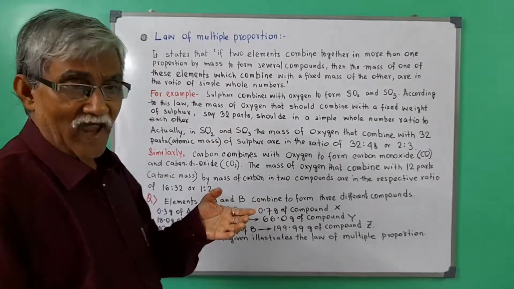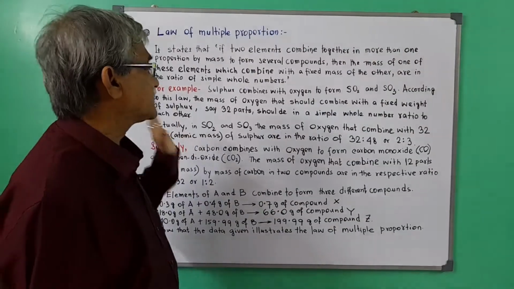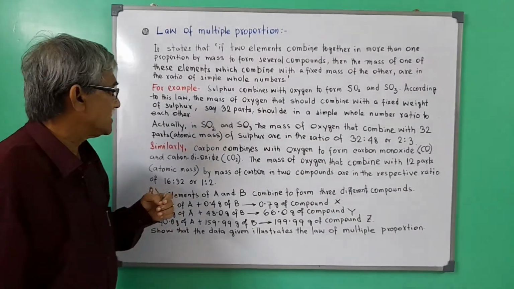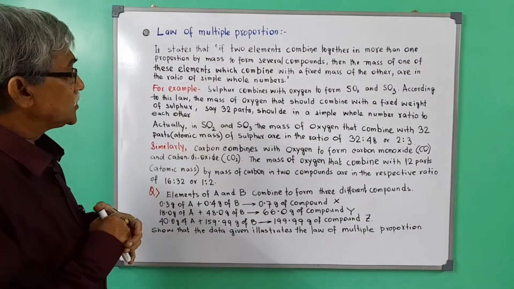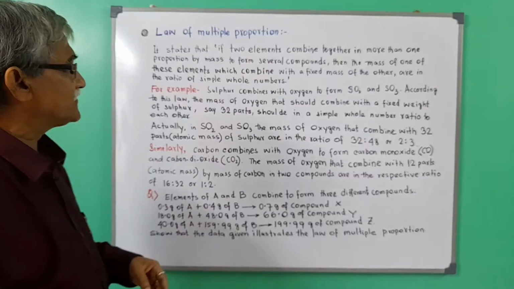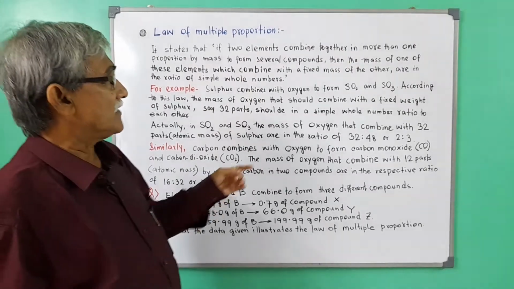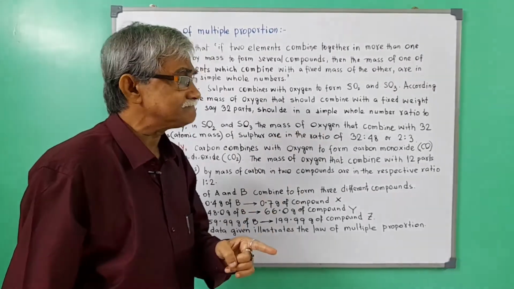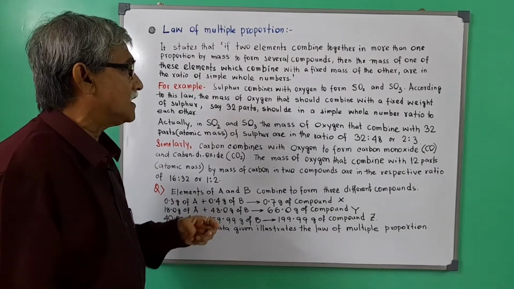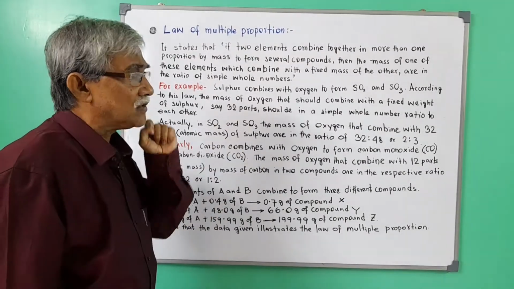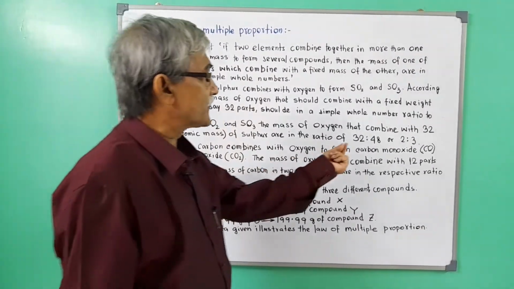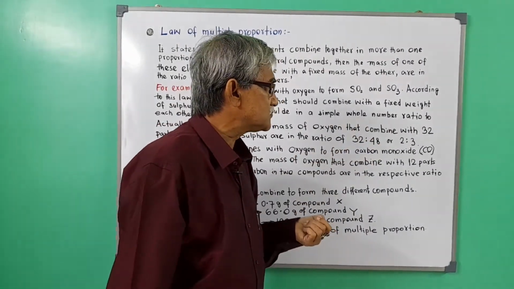Because the RAM, relative atomic mass of sulfur, is 32, should be in a simple whole number ratio to each other. Actually, in SO2 and SO3, the mass of oxygen that combine with 32 parts, that is the atomic mass of sulfur, are in the ratio of 32:48, or it is simplified as 2:3.